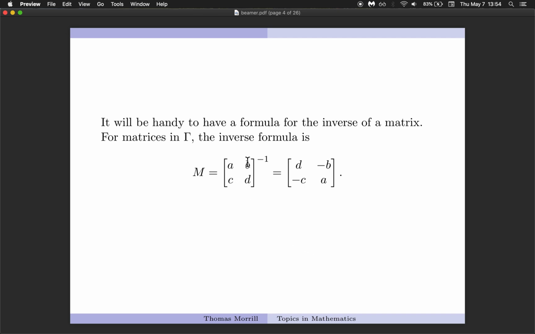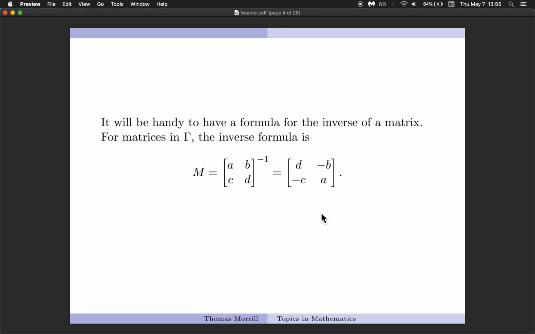If I take a matrix A, B, C, D, and I want its inverse, the inverse has coordinates D, minus B, minus C, and A. Those are the 4 coordinates for the inverse matrix, and you can check already that these are all integers. You can check that now D times A minus minus B times minus C. Well, that's just a rearrangement of the previous formula, so we know this has determinant 1.